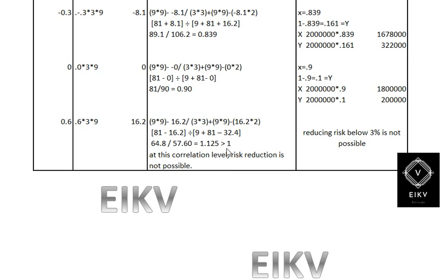So 1.125 is greater than 1. At this correlation level, risk reduction below 3% is not possible.